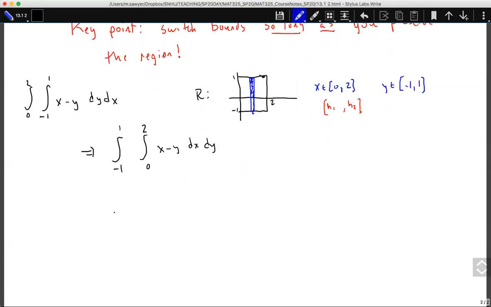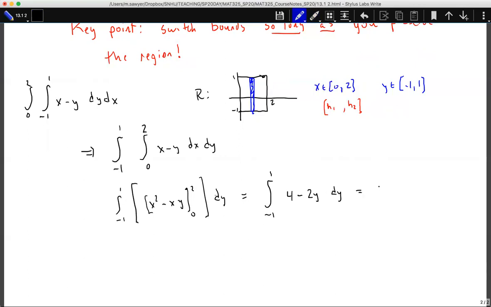We see that we get the integral from -1 to 1 of x squared minus x y, evaluated from 0 to 2, dy. So combining the outside and inside piece is a different way of visualizing this. So we get 4 minus 2y dy. So we get 4y minus y squared, evaluated from -1 to 1.